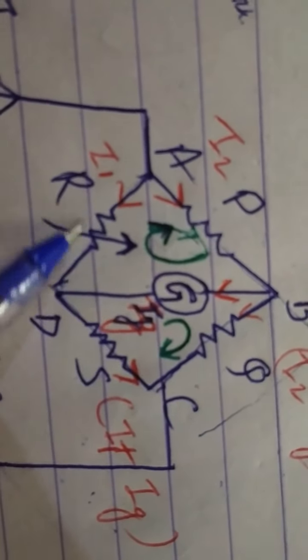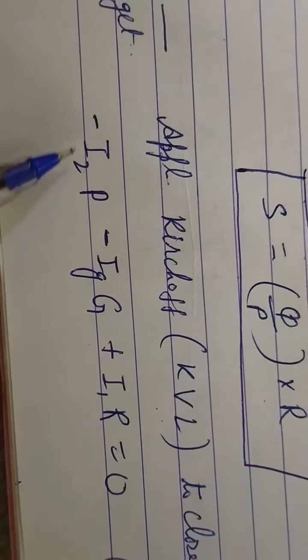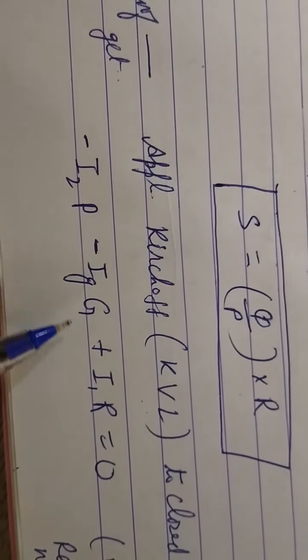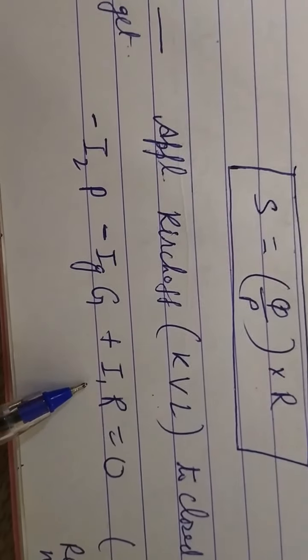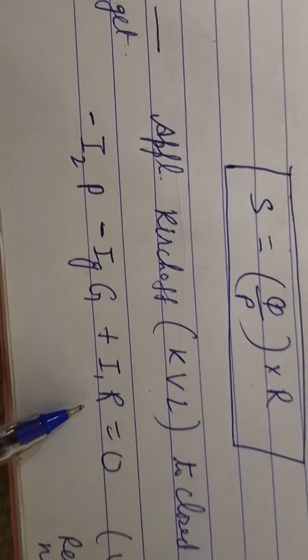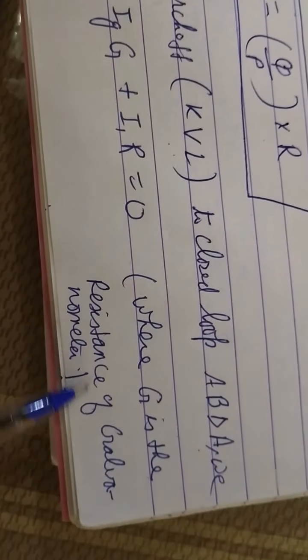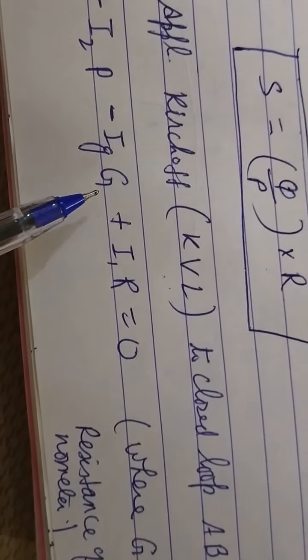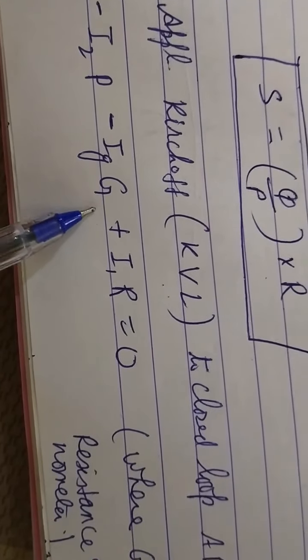This will be equal to 0. So this will come: minus I2P minus IgG plus I1 into R is equal to 0, where G is the resistance of the galvanometer. The galvanometer resistance we have taken as capital G.